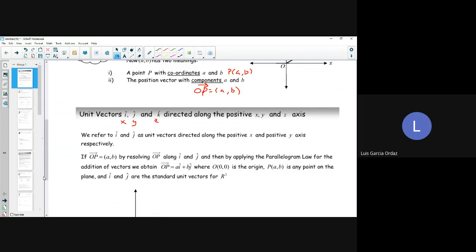If vector OP is equal to AB, then by resolving vector OP along vector i and vector j and applying the parallelogram law for the addition of vectors, we obtain OP equal to A vector i plus B vector j, where O is 0, 0, which is the origin, and P(A, B) is any point on the plane. Vectors i and j are the standard unit vectors for R in 2 dimensions.